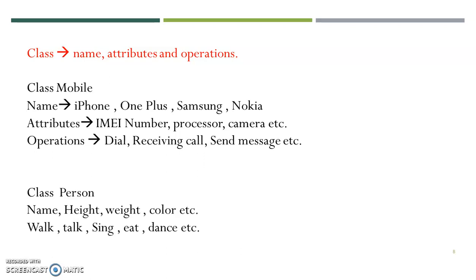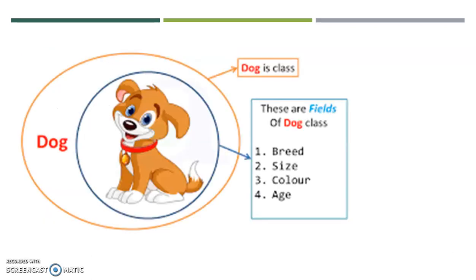With one more example of a class person, we say a person will have attributes like name, height, weight, color. A person will have functions or methods like walk, talk, sing, eat, dance, etc. If we take the example of a class dog, then dog is a class which has attributes like breed of the dog, size of the dog, color of the dog, age of the dog, etc. Okay, now can you name the operations of class dog?